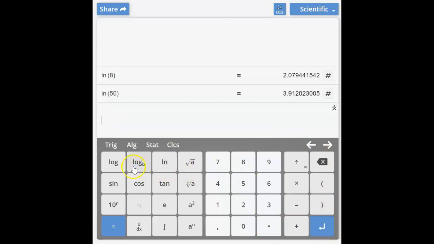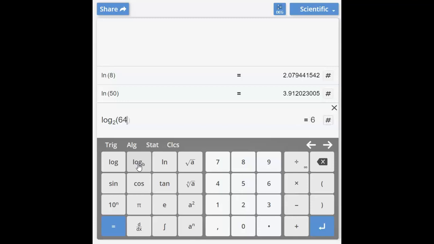Now you can also evaluate logarithms with any base using this function here. And this function here is for the common logarithm. So for a logarithm at any base, you can assign the base. For instance, the base is 2. Let's consider something that is a power of 2, for instance, log of 64.